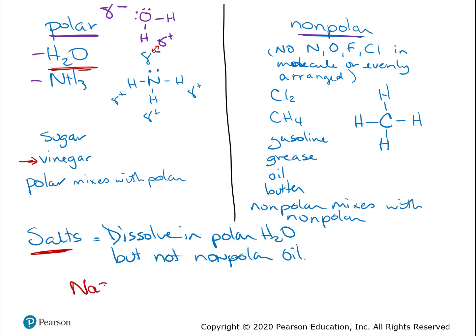So remember, if you take table salt and you put it in water, what ends up happening? What do you end up with? Na charged aqueous, right? So I end up then, the sodium and the chloride ions don't stay together. They can actually separate and free float in the water.